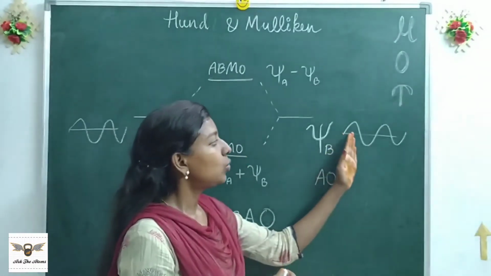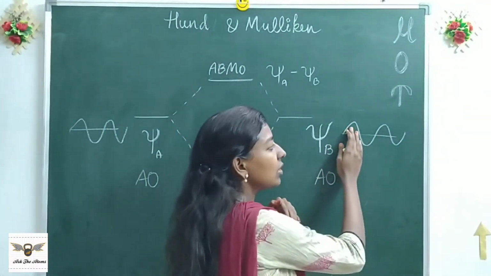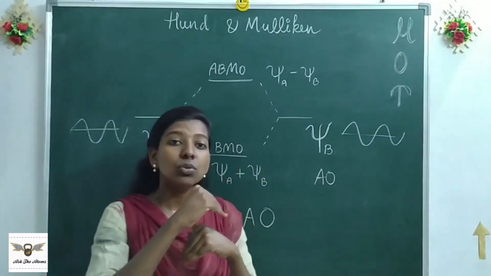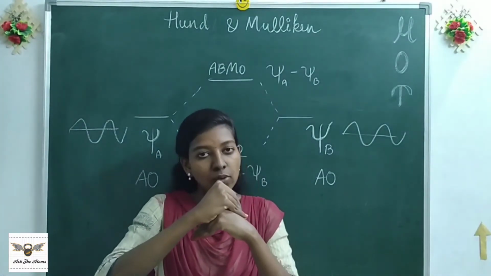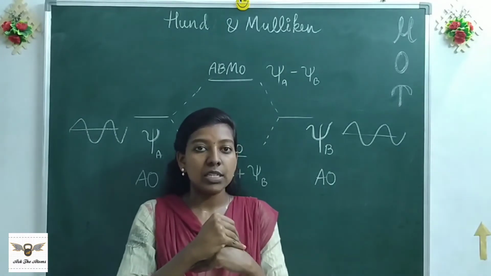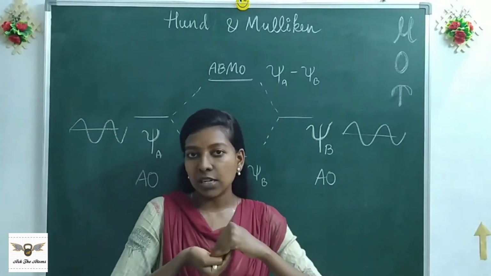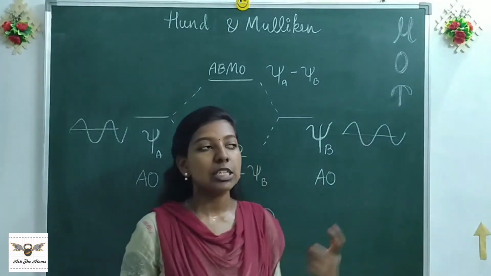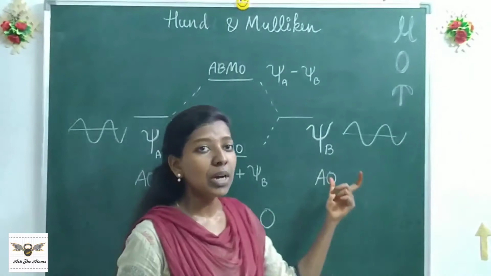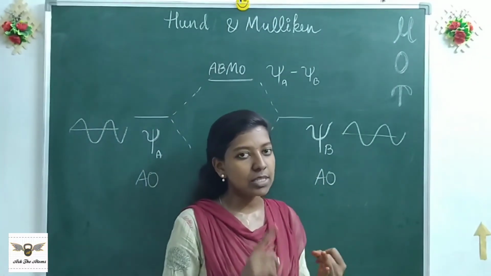When two waves interact, if the crest of both waves overlap, you call it a positive overlapping or constructive interference. If the crest and the trough overlap, it's a negative interference, right? So please go visit these concepts if you don't understand the basics over here. So my overlapping can be of two ways: one is constructive, the other one is destructive.